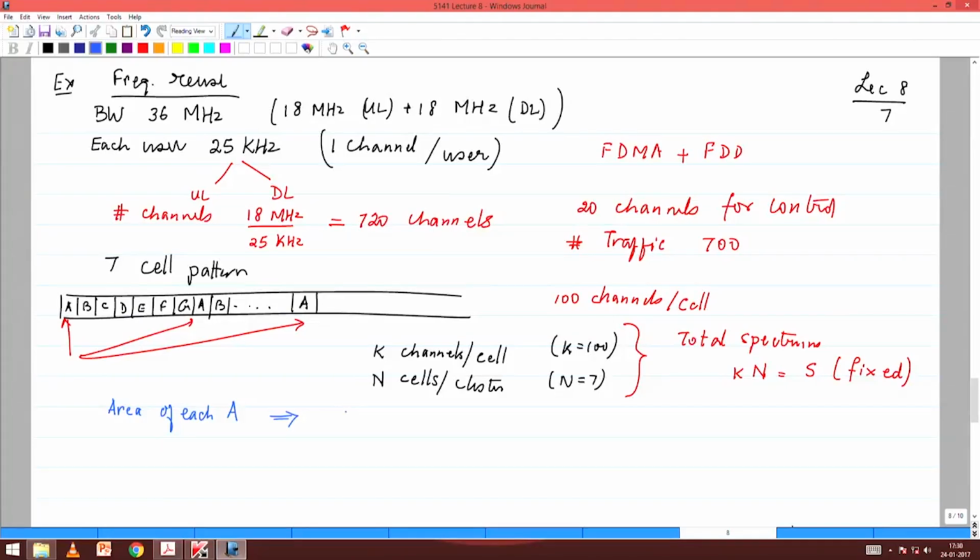Before that, I need to also indicate how many times the cluster is repeated, the number of repetitions of the cluster to cover the whole area.